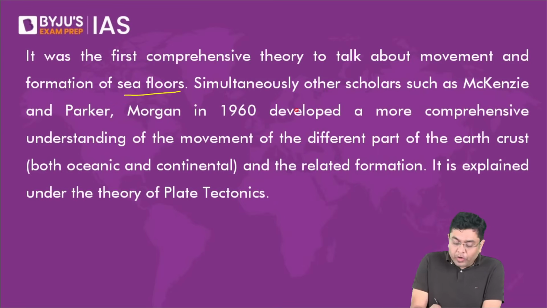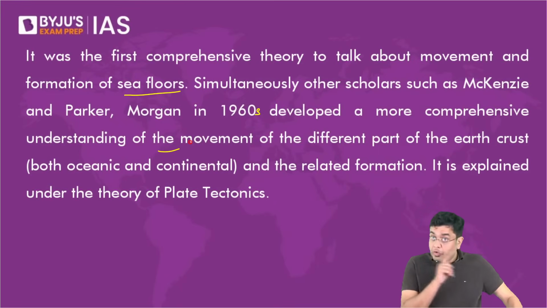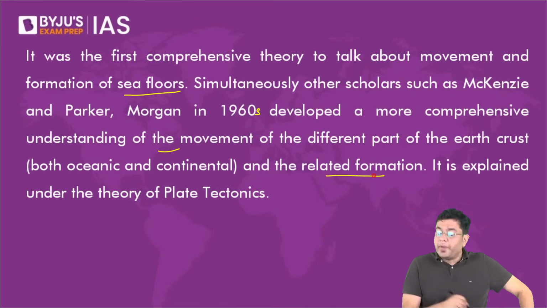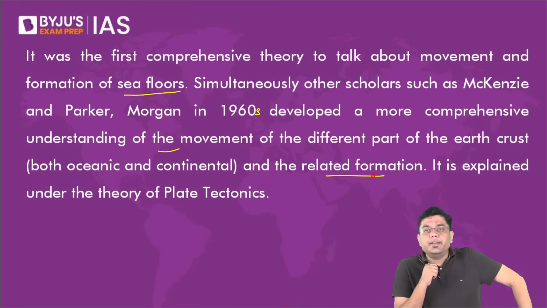Simultaneously, other scholars such as McKenzie, Parker and Morgan in the 1960s developed a more comprehensive understanding of the movement of different parts of the Earth's crust, both oceanic and continental. Harry Hess did not say anything about the continental formation. It is explained under the theory of plate tectonics. So that is your seafloor spreading theory.